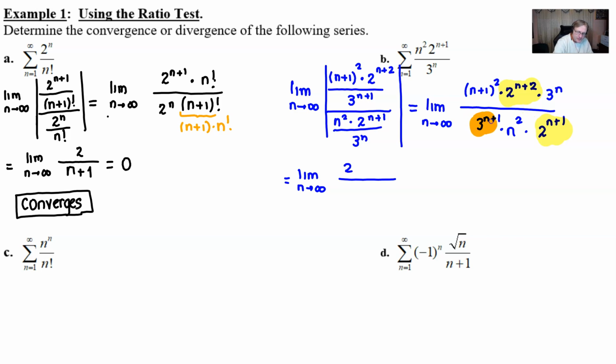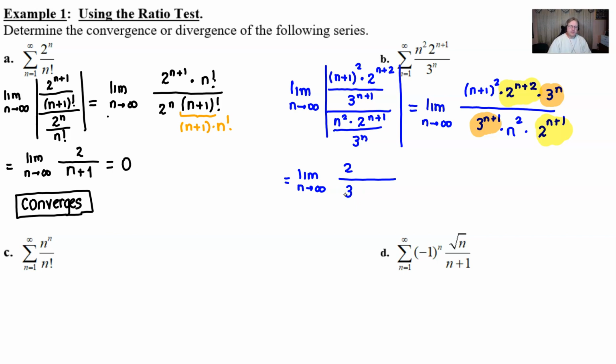How about these orange things? Those look like they can be reduced. So 3 to the n over 3 to the n plus 1. Again, if you subtract the exponents, n minus the quantity n plus 1, you get a negative 1, 3 to the negative 1, which just means that the 3 is going to reside in the denominator.